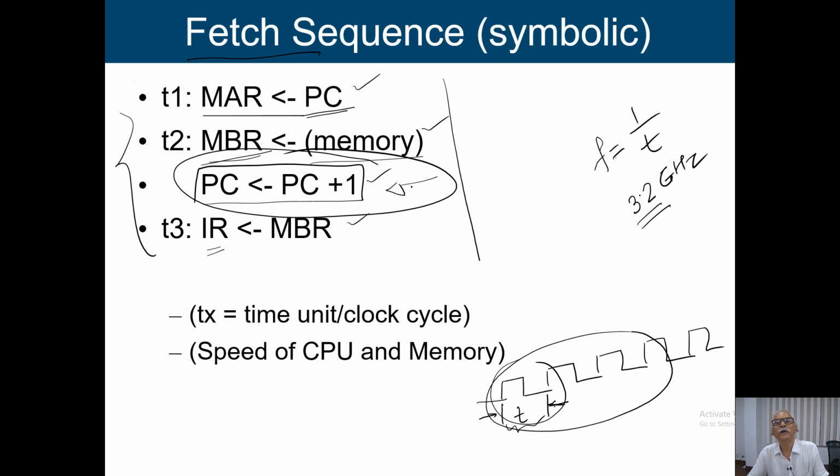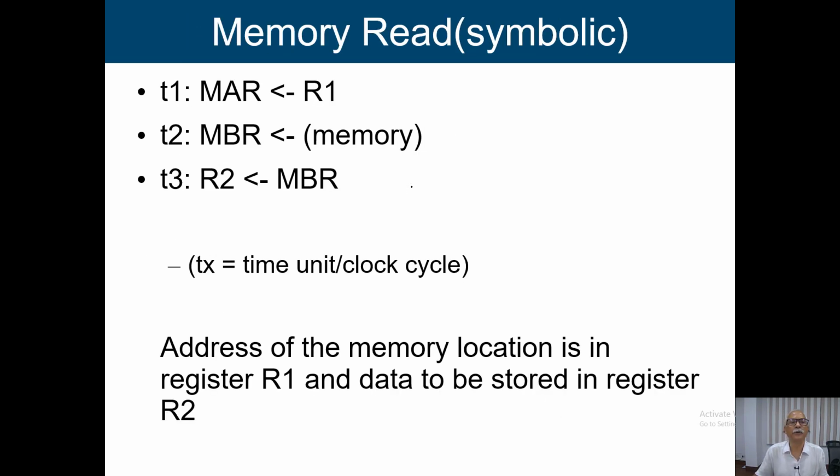Now the second one is memory read. If I have these three operations: the value of register R1 is put into the MAR, then we identify that particular memory location, bring the information from that memory location to MBR, and finally transfer the information from MBR to R2.